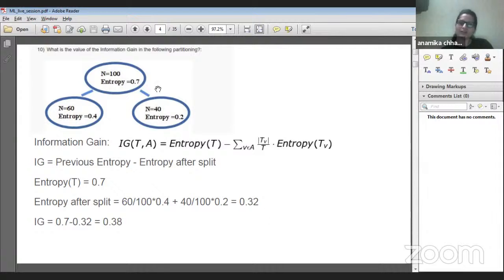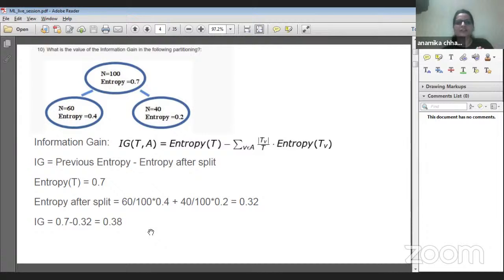So basically, initially we had entropy to be 0.7, and after division we now have the entropy to be 0.32. Now, how much were we able to reduce the entropy? That's the information gain. So that is equal to 0.7 minus 0.32, and that is 0.38. Okay, so that's the information gain that we get after we partition based on this feature.